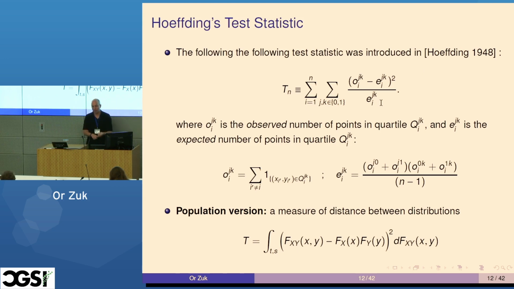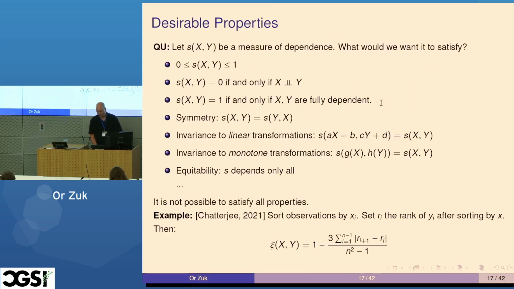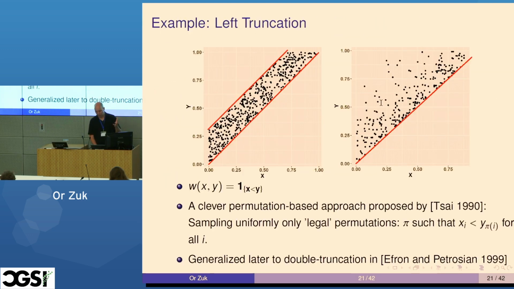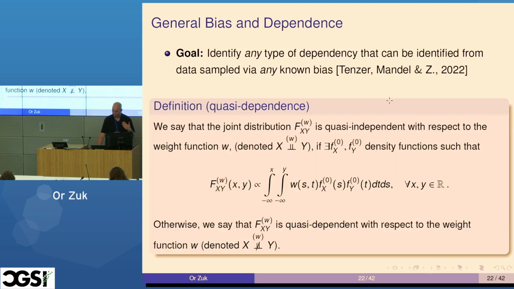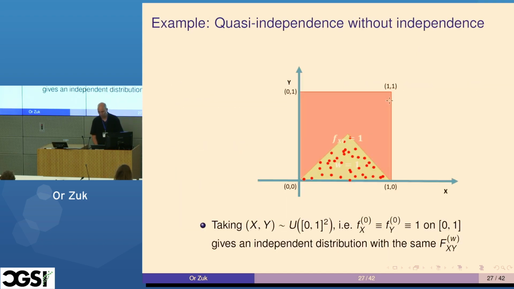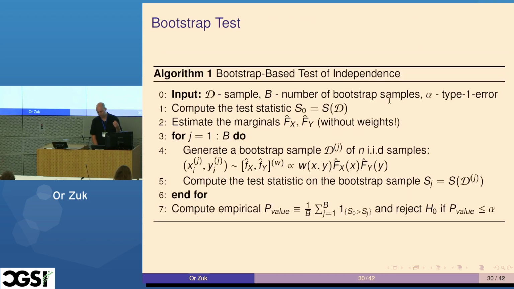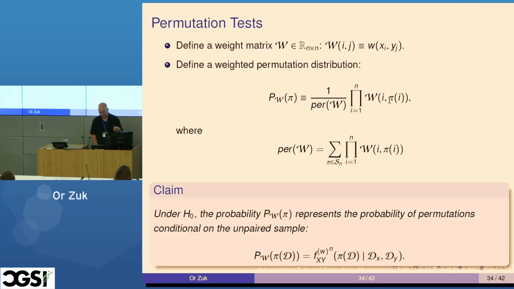The other part is how do you determine a p-value? And now it turns out, like in this nice paper, that you have to sample permutations only that satisfy the truncation. We do it more generally. We sample permutations such that the probability will be proportional to this w, this sampling probability.